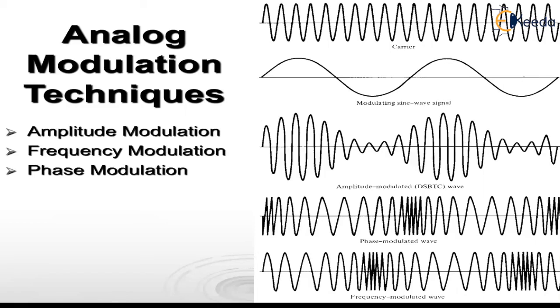As with AM, both FM and PM result in a signal whose bandwidth is centered at the carrier frequency. But the magnitude of that bandwidth is very different, because FM and PM require greater bandwidth than AM.